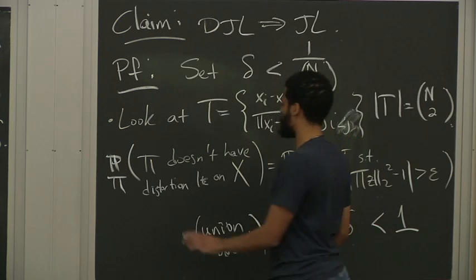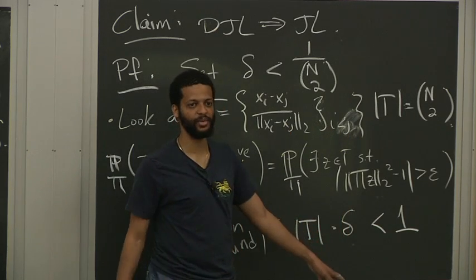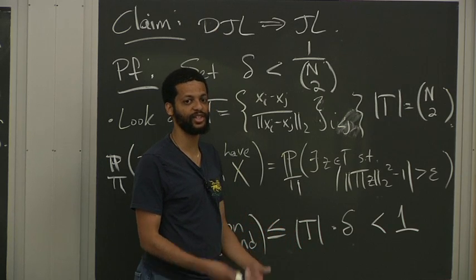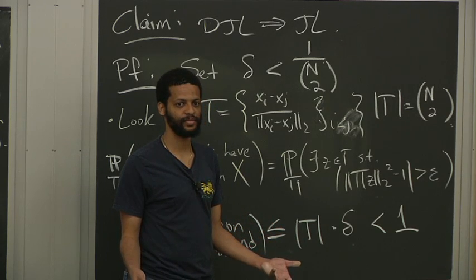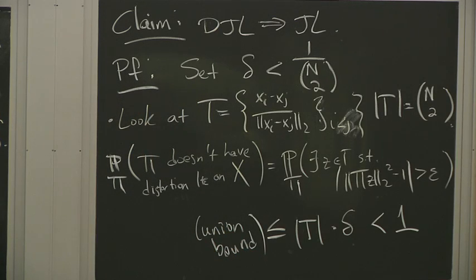So the probability that pi doesn't have distortion 1 plus epsilon on x is strictly less than 1, which means that with positive probability, it actually preserved everything. And then the final dimension you need is 1 over epsilon squared log 1 over delta, which is the same as 1 over epsilon squared log n. Okay? Questions?